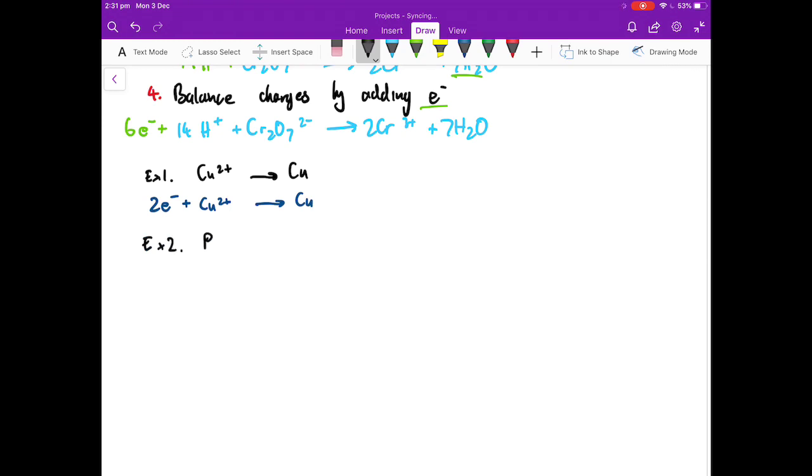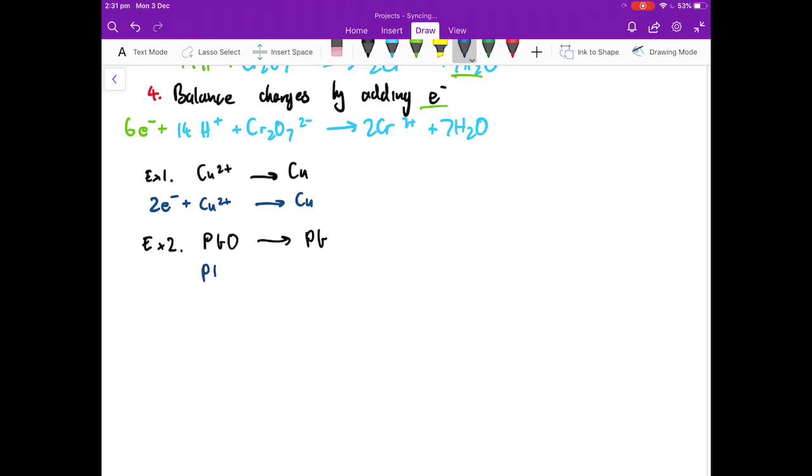We're looking at PbO, so lead oxide, to Pb. Step number 1, as always, is to balance everything that isn't oxygen and hydrogen. Seems like our Pb's are already balanced, so now let's balance our oxygens.